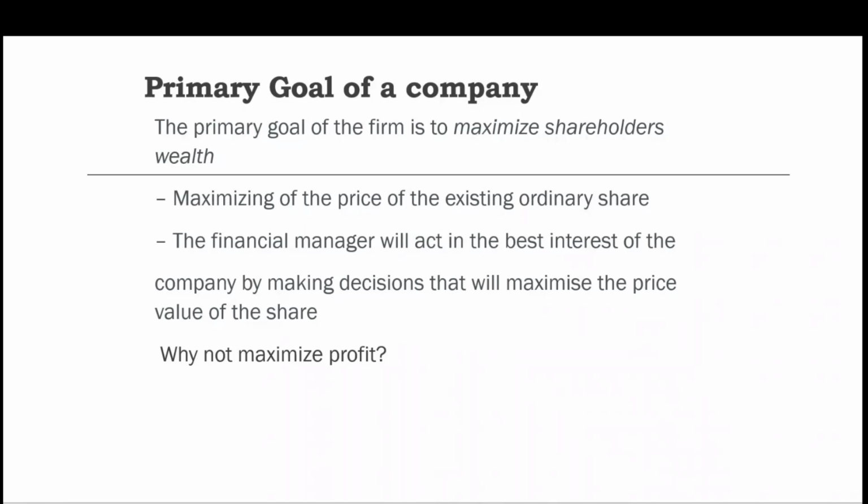I think because maximizing profit is not necessarily growth. The company growing would be maximizing the shareholders' wealth, but maximizing profit is just that you have made more money this year than you made last year. It doesn't necessarily mean that you have grown as a company.